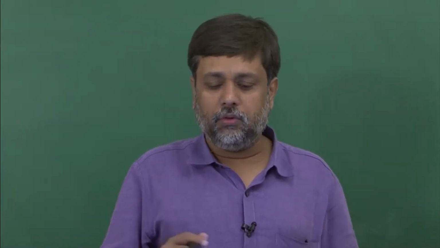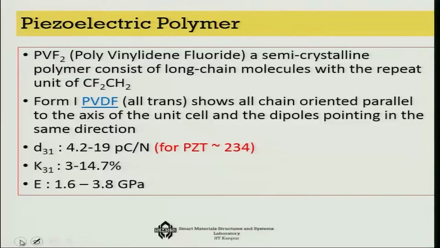Now let us make a piezoelectric polymer so that I can give better shape. You can get a piezoelectric material which has an asymmetric distribution from long chain molecules with the repeat unit of CF2CH2, and these pendants of fluorine are what actually make it piezoelectric. There are various forms.